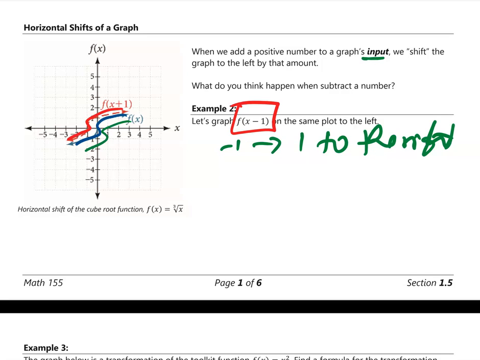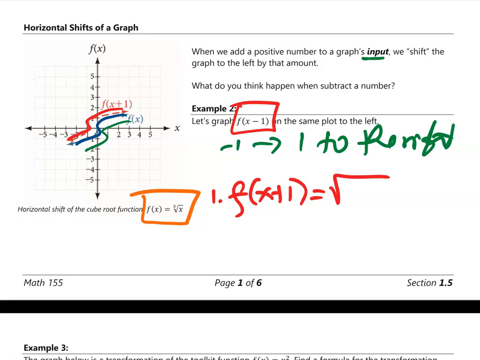Okay, so take note. Look what's happening here for vertical and horizontal shifts of a cube root function. Number 1, if it's x plus 1, that is the cube root of x plus 1, meaning 1 to the left.